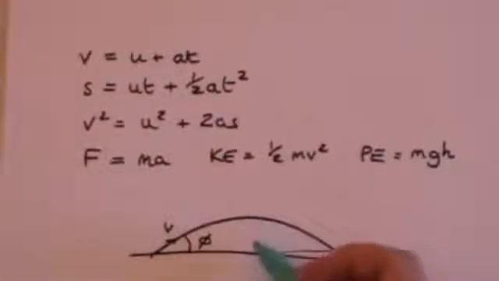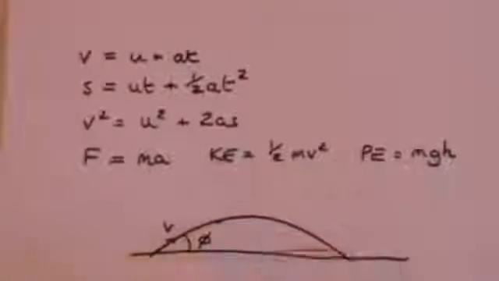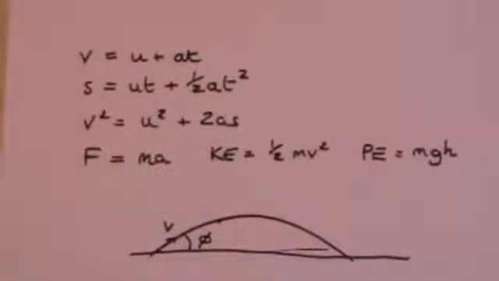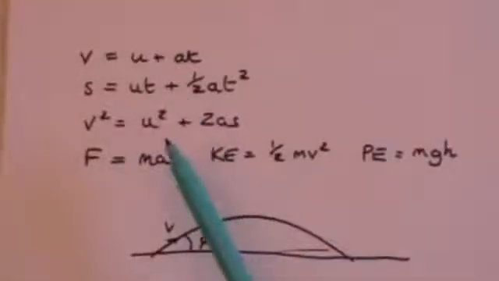You would tell me what the total height that it managed to get above the ground. At any point I care to mention, you would be able to tell me the velocity of the ball, the kinetic energy of the ball, and the potential energy of the ball. You would be able to tell me how long it took to complete its entire journey. In fact, pretty much anything I could ask you, you could tell me simply by the application of these equations.